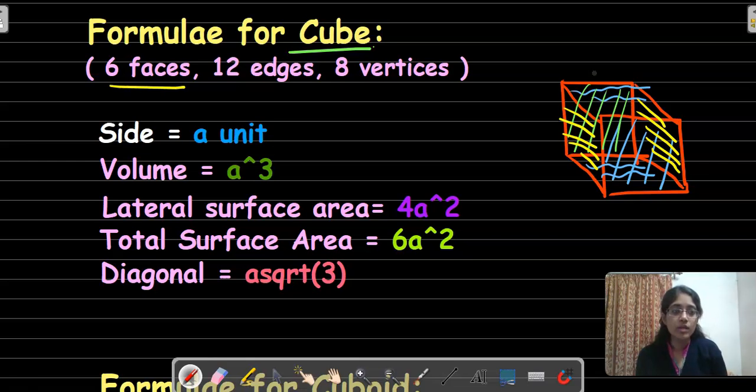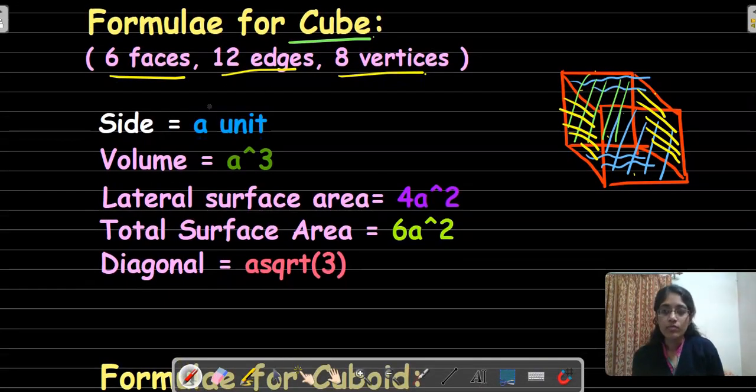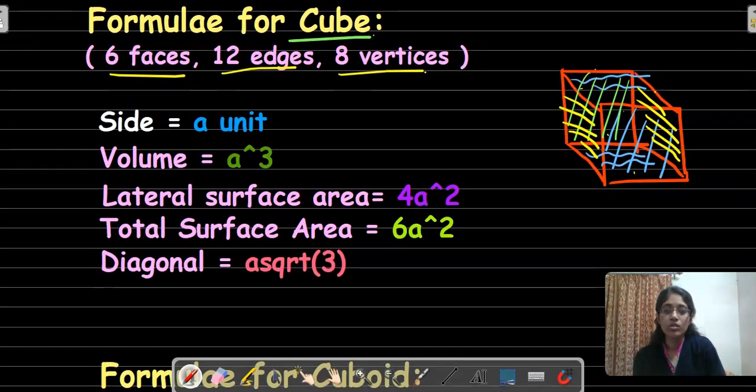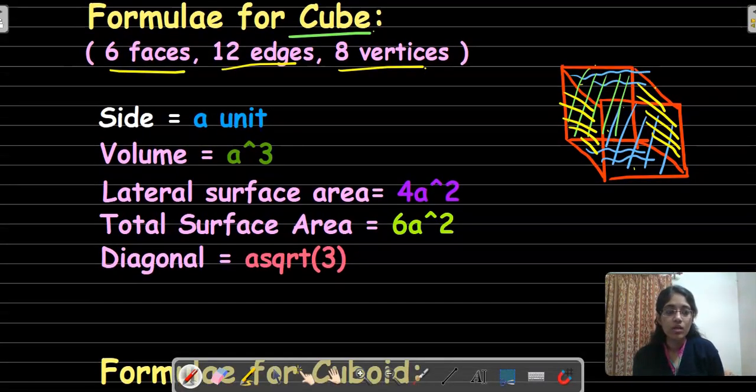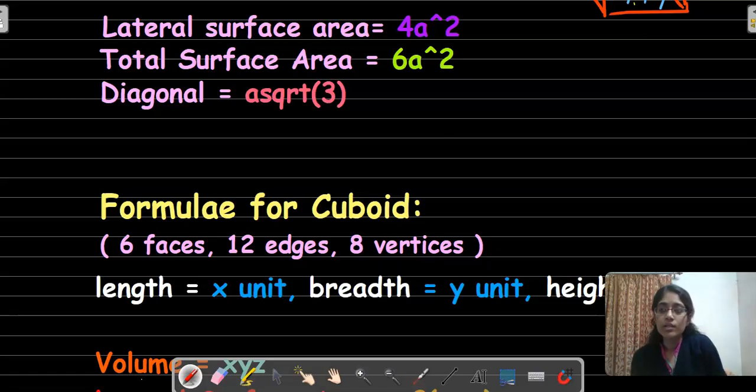There are edges. You can count 1, 2, 3, 4, 5, 6, 7, 8, 9, 10, 11, 12. There are 12 edges and there are 8 vertices. Now what is the formula for a cube? Let the side of the cube be a unit. So how is a cube formed? These all are squares. Let me draw again.